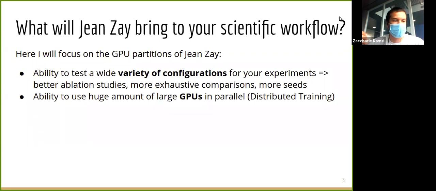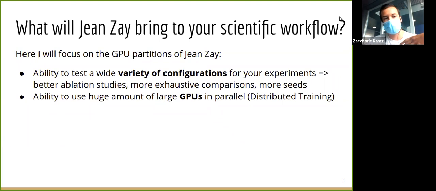So I think it goes to show you that using an HPC will allow you to not necessarily get the full amount of computing resources that big tech companies have, but at least a fair amount that will allow you to compare to those big tech companies.